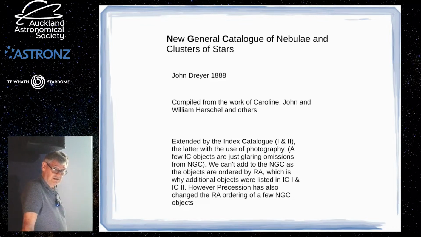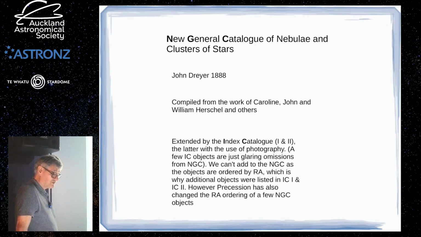William Herschel and his son John Herschel travelled to Cape Town, and they did their surveys. It wasn't just amateur pointing around. They did a systematic survey. They had their telescope lined up so it could only swivel north and south, and they just changed the declination and then waited for things to drift past.